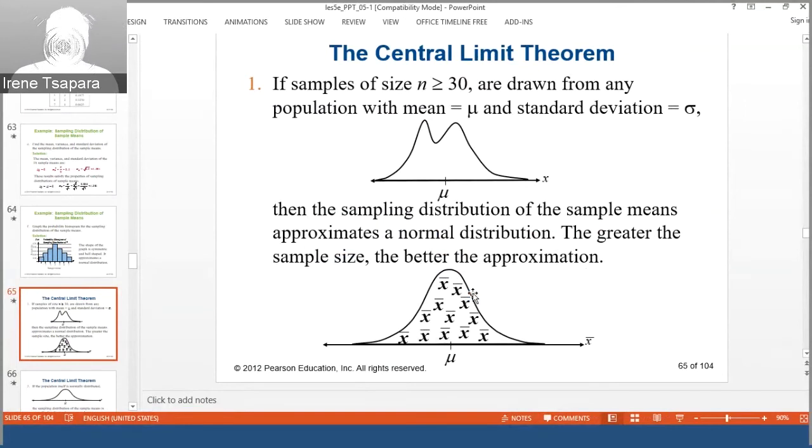So what's the rule of thumb? The rule of thumb, I would say, is, first of all, do you have extreme outliers? If you have extreme outliers, be careful. Do you have other conditions that make you believe that it's not going to approximate the normal distribution? Special situations, special type of data set, then be careful.